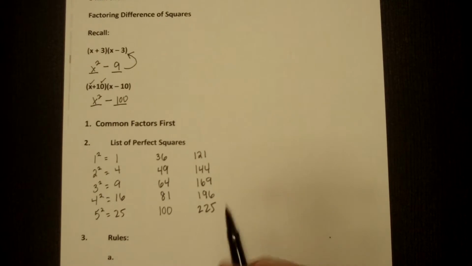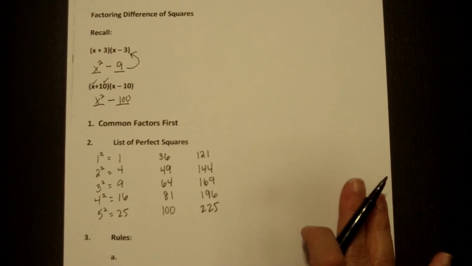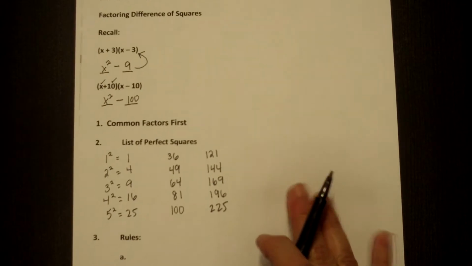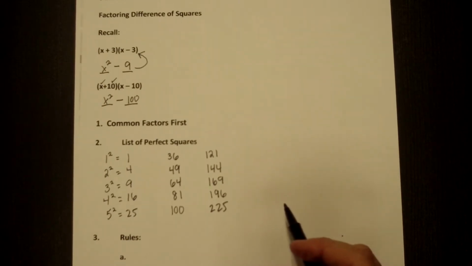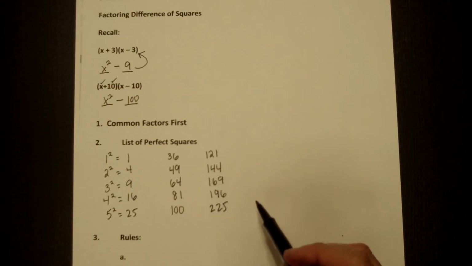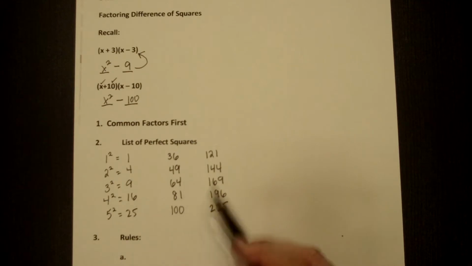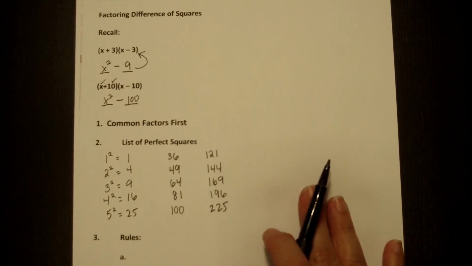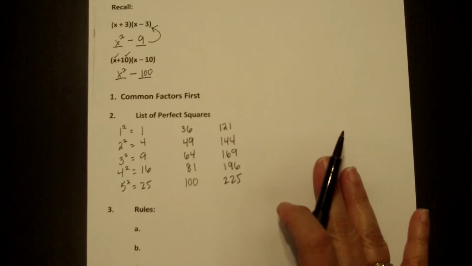Keep making a list and keep going up for a little while. You're just going to have to learn how to recognize most of these. If you're going to use your calculator, you just take the square root of whatever number you get and see if it's a perfect square. But this will give you something to go by if you want to keep these in your head and make it go a little quicker.